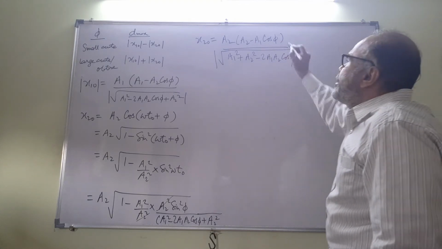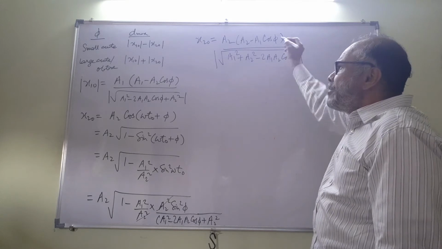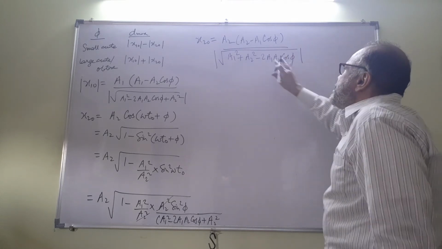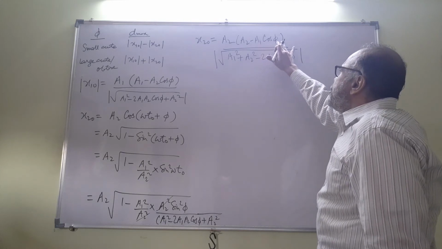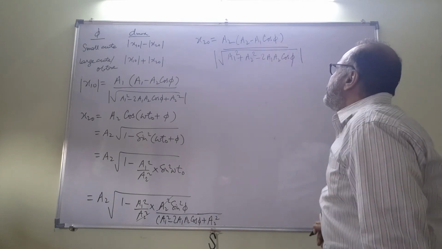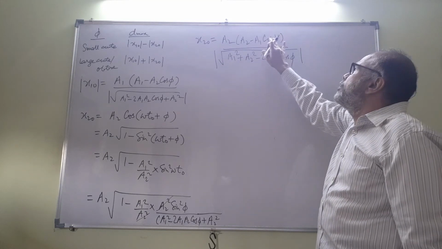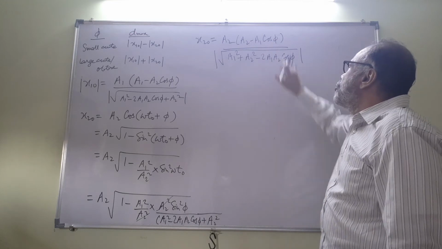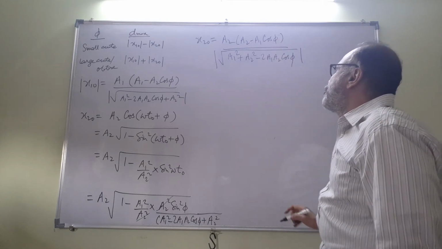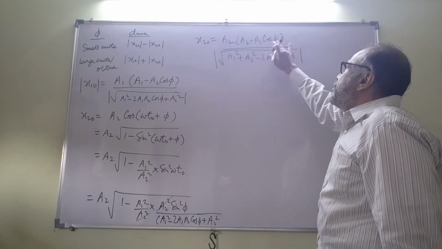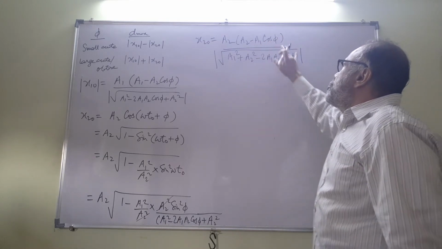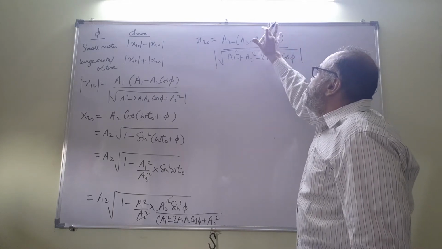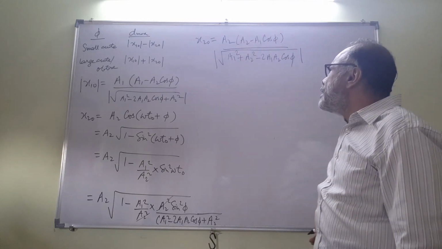Now for the numerator, there can be several cases. First case is that supposing phi is a small acute angle. If phi is a small acute angle, cos phi will be a large number. So if cos phi is large, a1 cos phi will be large. So the one which is being subtracted is large, and therefore a1 cos phi will be greater than a2.